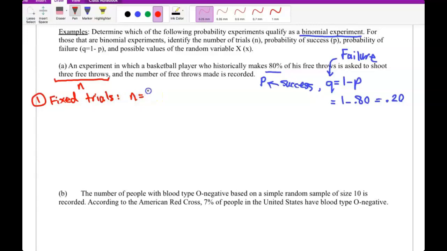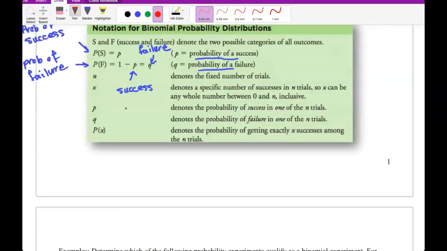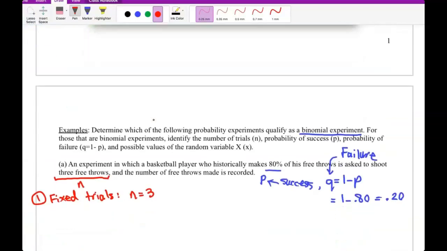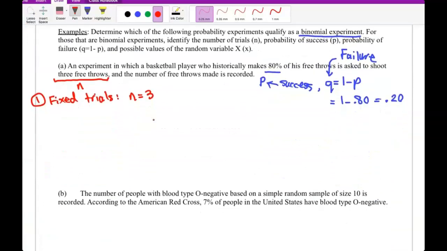N is 3. Then second step, you should have independent. I want to see if we have independent. He's trying the first and then the second and the third one. So all these are independent of each other. So we have step 2, independent.